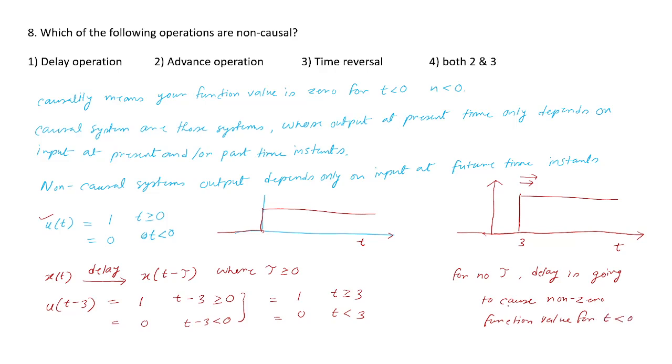So for no values of tau, you won't get a non-zero value when t is less than 0. So basically, the delay operation is causal. So the delay operation is not non-causal, so it is removed from the list. Then we need to check the advance operation.